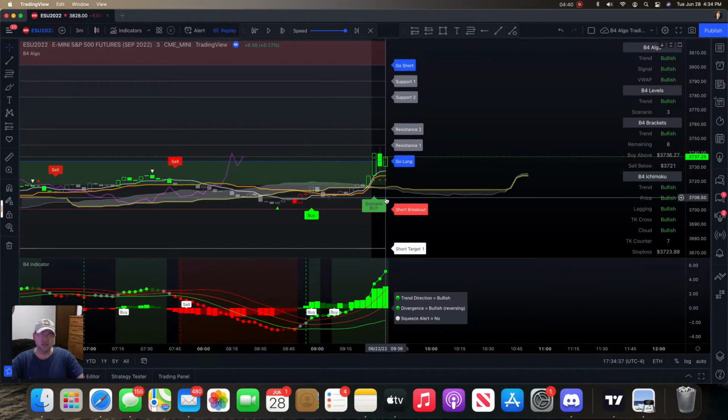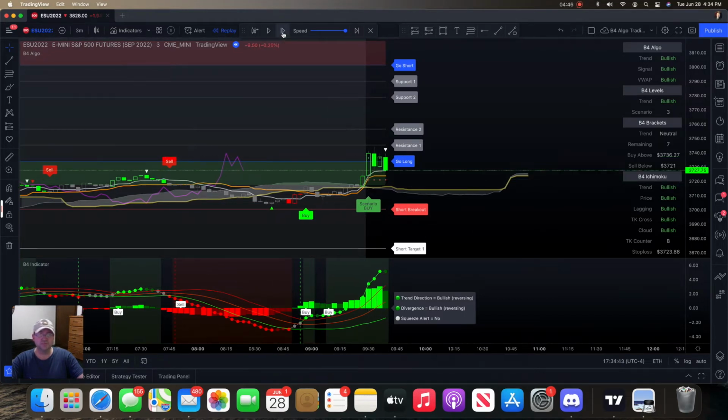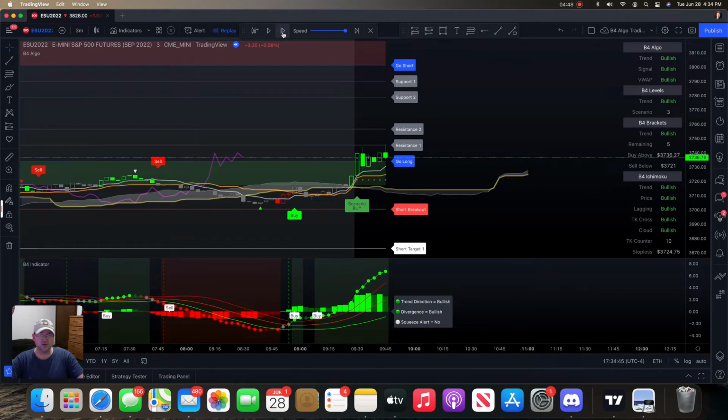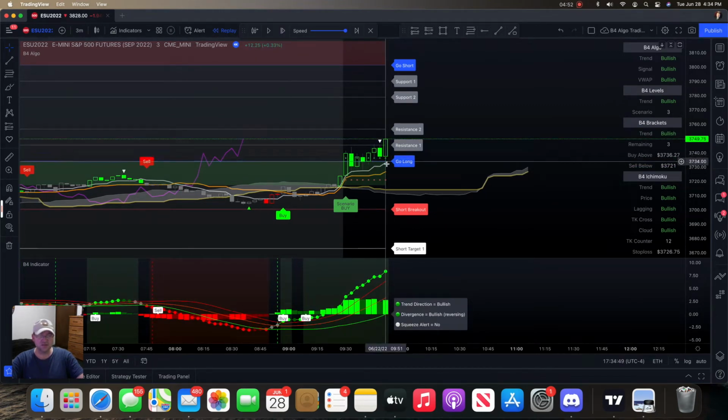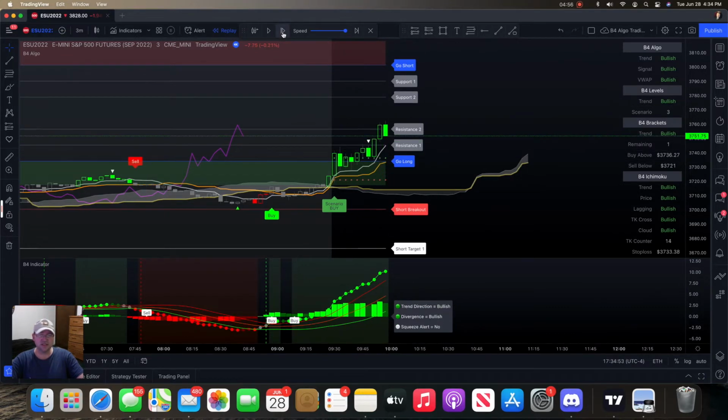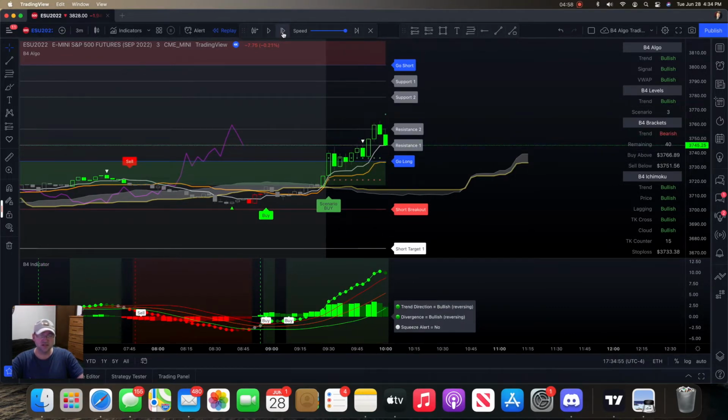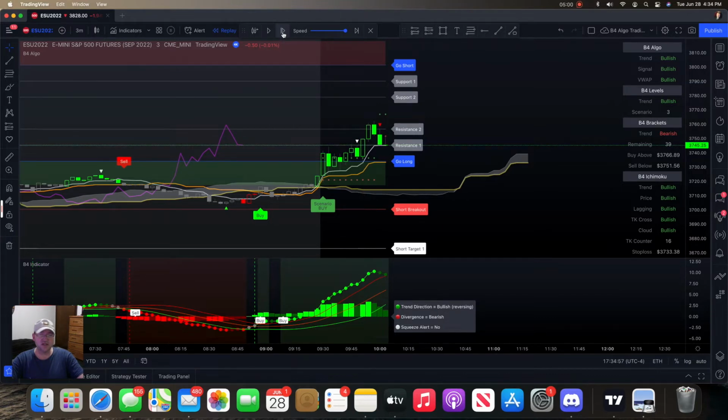You could enter the trade here, and let's walk it through. As long as that price doesn't close below that Tenkan-sen, which it hasn't there, you can stay with that trade.